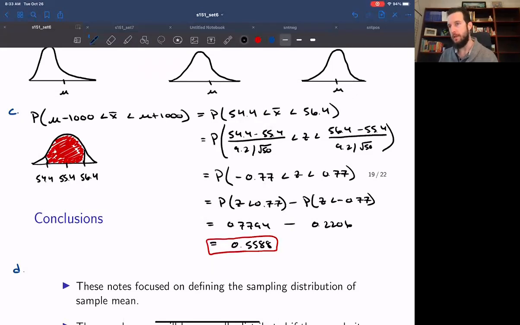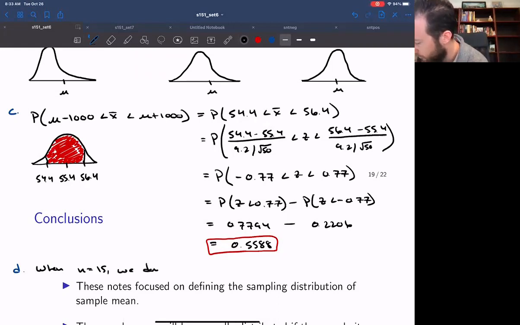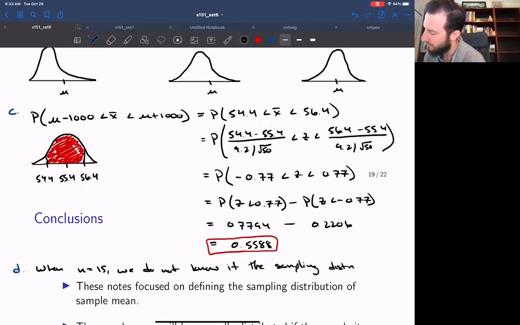Okay, so part D just asks, why are we able to do the calculation that we did in part C, but we could not do that when n is equal to 15?